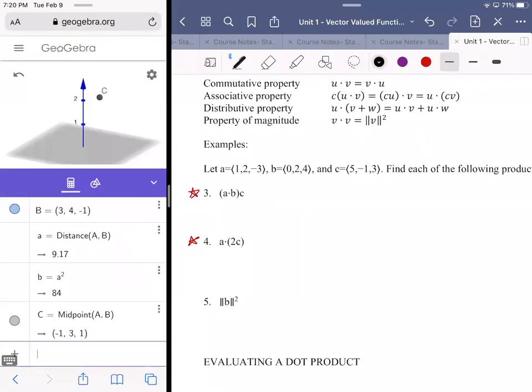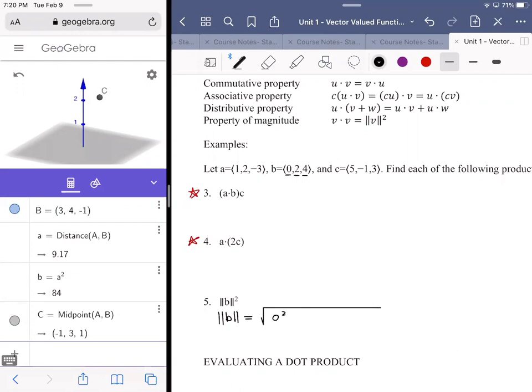The property of magnitude, we could actually figure that out using the magnitude formula, right? Which is to say, okay, we have B. Let's say I wanted to find the magnitude of B. What I would do is square each part. All right, so these are my 3 components.